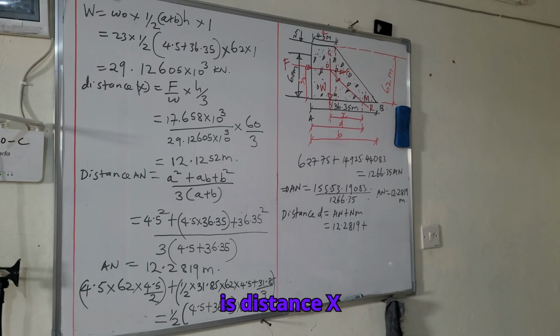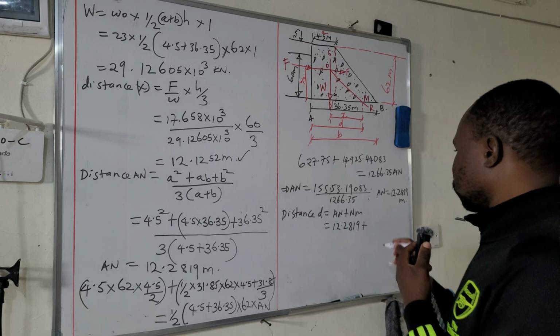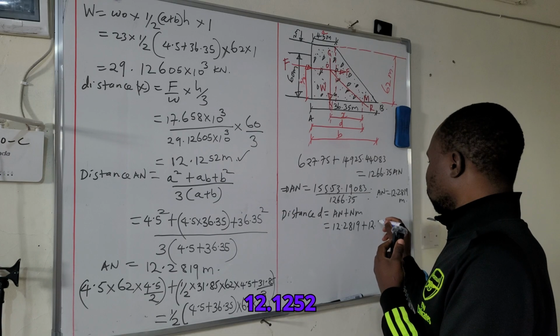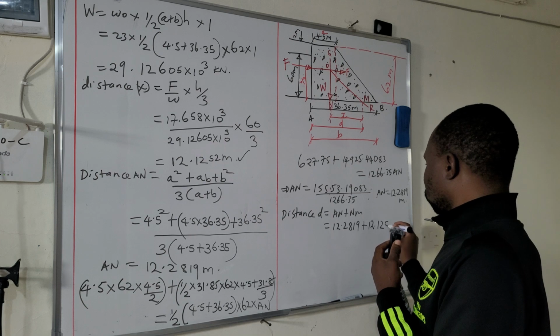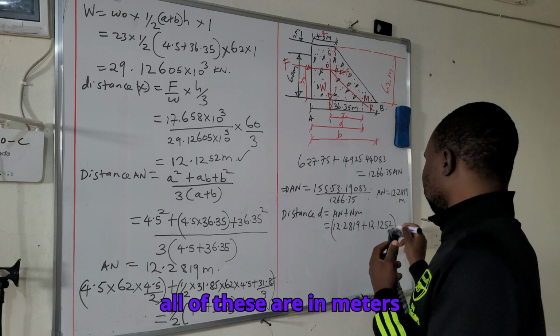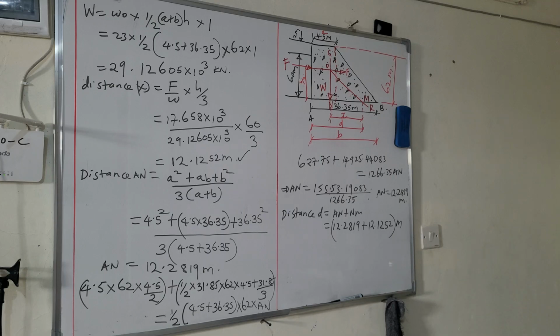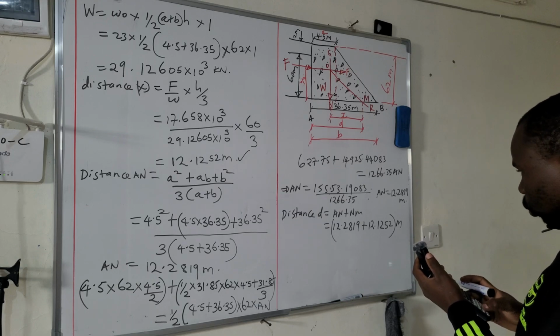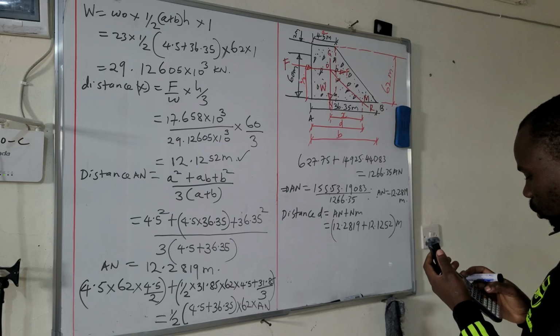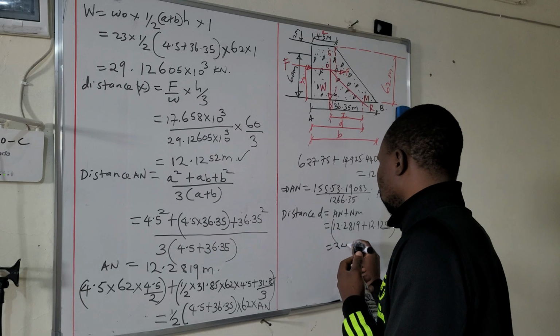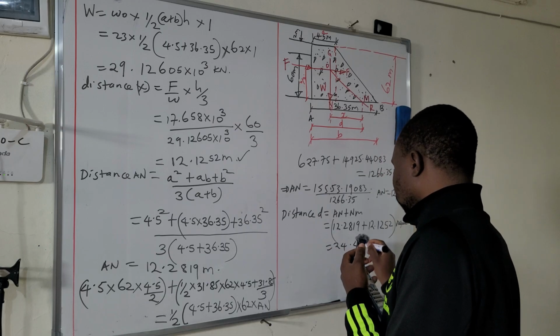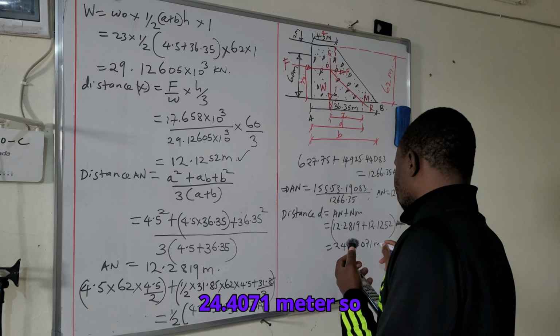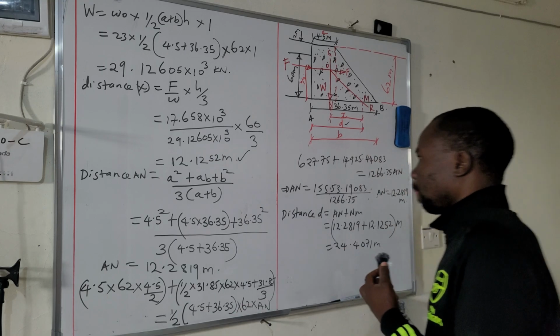NM is distance X, which is 12.1252. All of these are in meters. So 12.2819 plus 12.1252, the answer is 24.4071 meters. So this is the distance D.